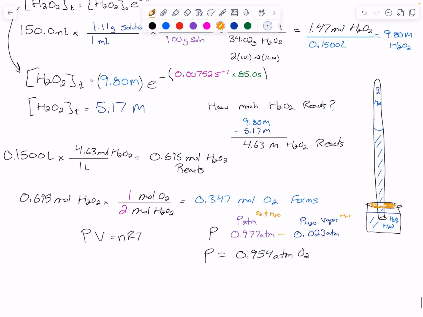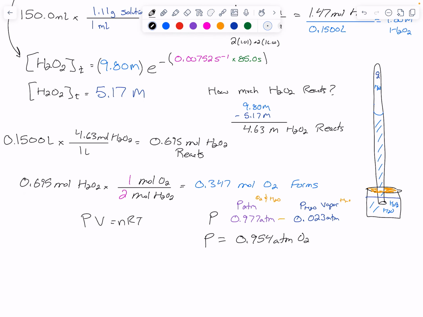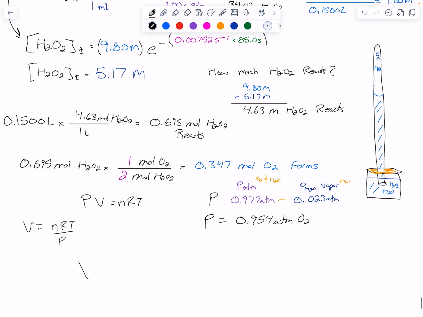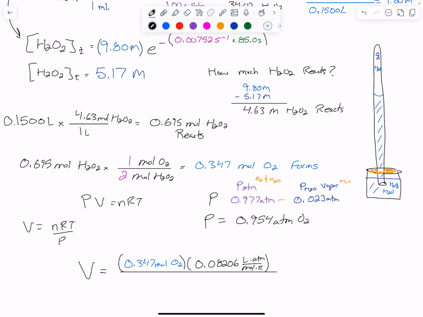All right, so now we can solve for V. V equals nRT over P. So n, we found, is 0.347 moles of O2. R is 0.08206 liters atmospheres per mole Kelvin.